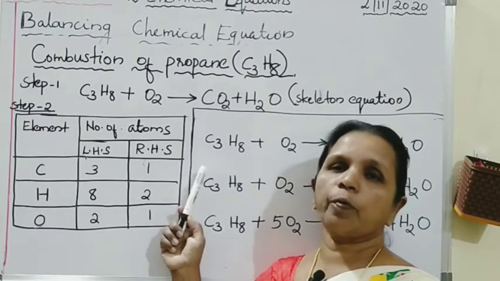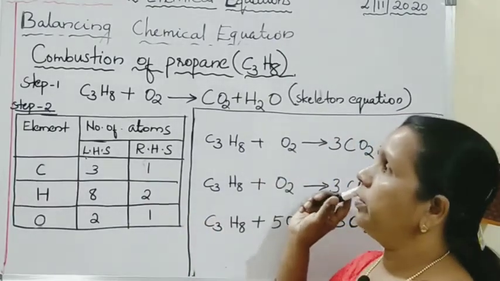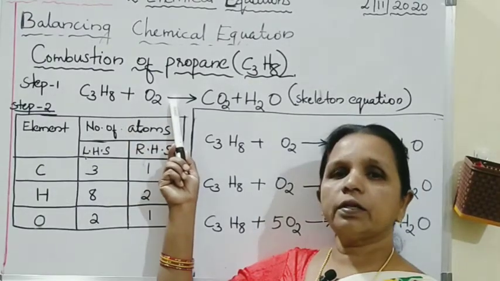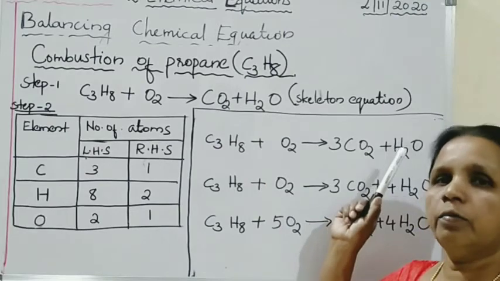Combustion of propane means the burning of propane. What are the reactants here? Propane and oxygen are the reactants, and carbon dioxide and water are the products.